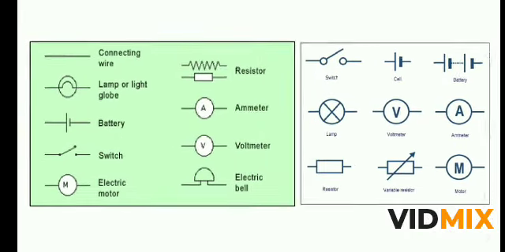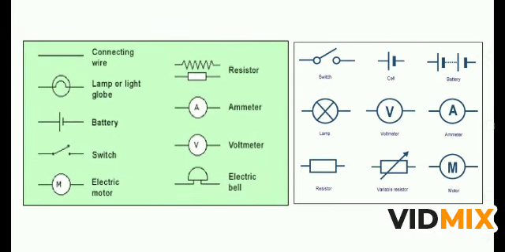Here there is a connecting wire, lamp or light, and battery. The symbol of the battery is here, we can say it is a cell. One cell is there, switch is open. This is the symbol of an electric motor, voltmeter, ammeter, resistor. There are so many symbols, but you have to follow the symbols which are in NCERT. Beyond that, you can see from here also.